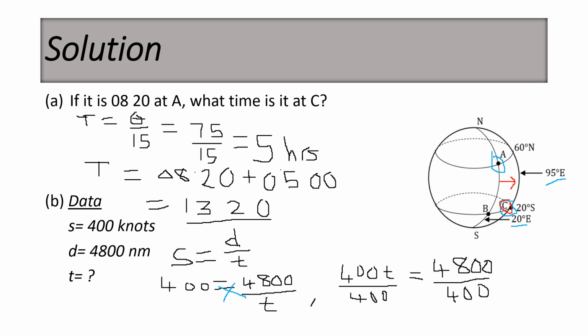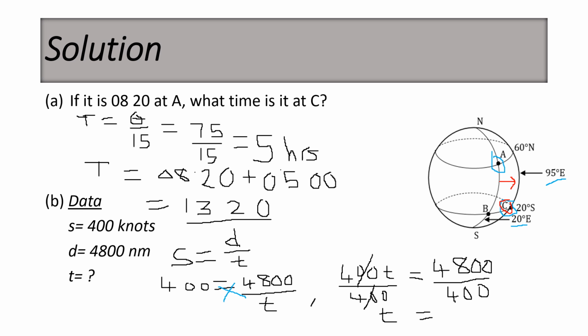When you divide, 400 into 400 is 1, then you remain with T there. So here we have T, which is equal to 4,800 over 400.